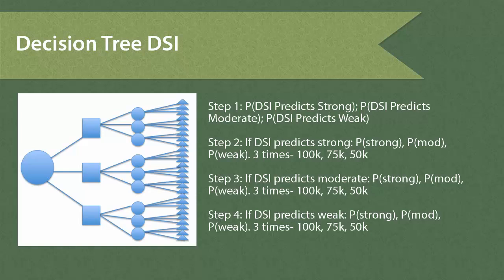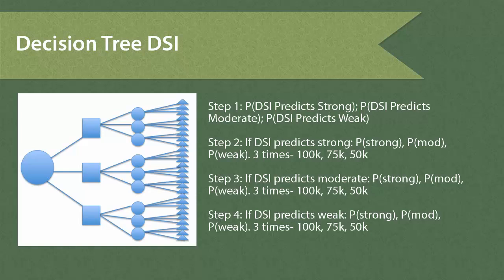But then, conditional upon DSI predicting strong, we have 3 times 3, or the 9 payoffs coming off of those 3 circles. And so that's where we're going to need the probability of strong, moderate, or weak if DSI predicts strong.